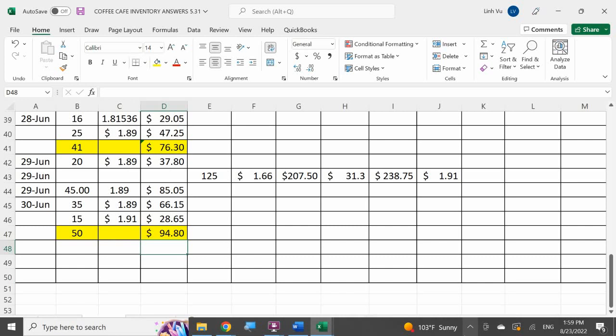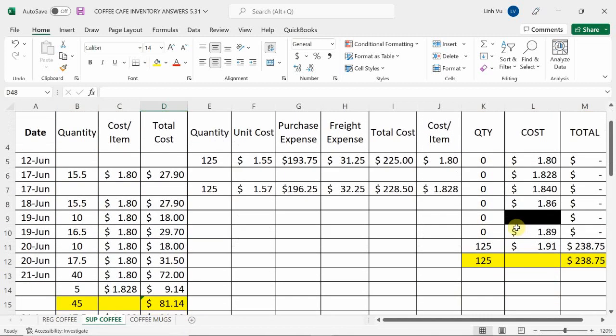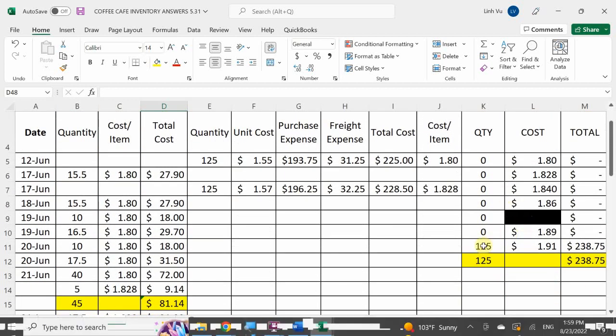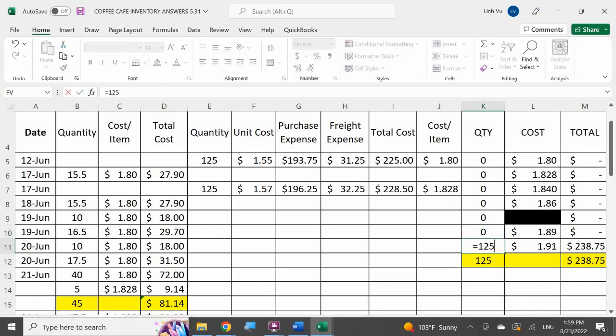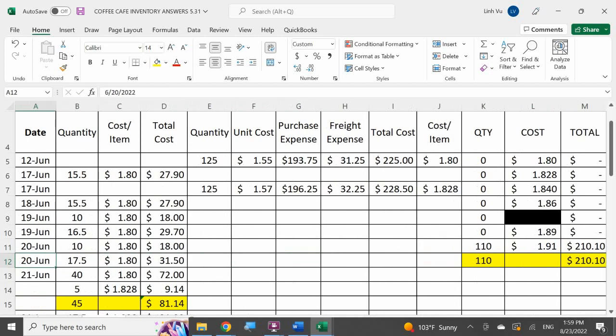Okay, so I'm going to go ahead and update my inventory real quick for $28.65. 210.10 looks right because you had 75 minus 65 will give you 10 cents left remaining.